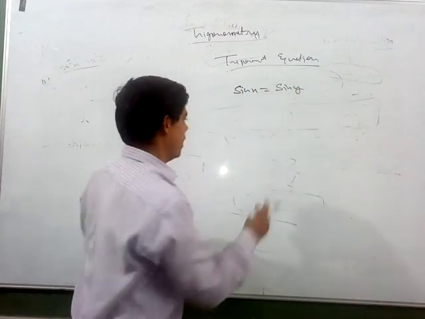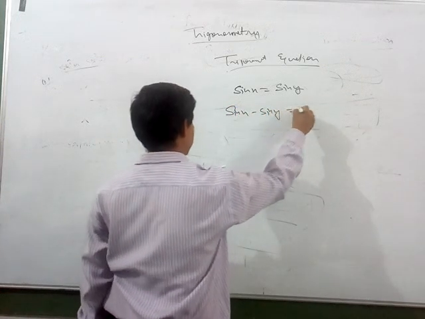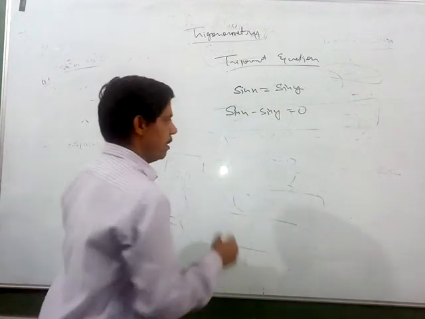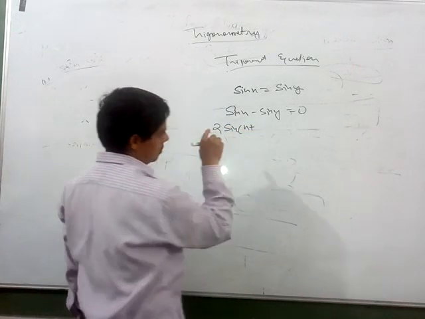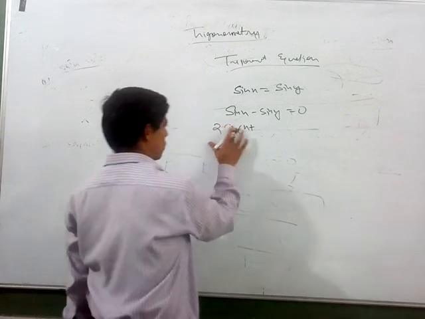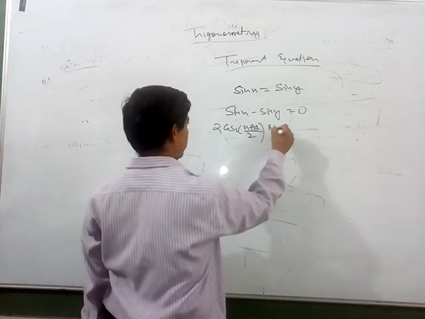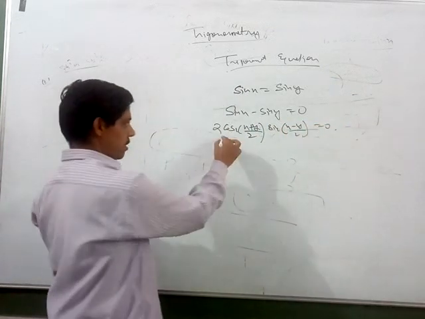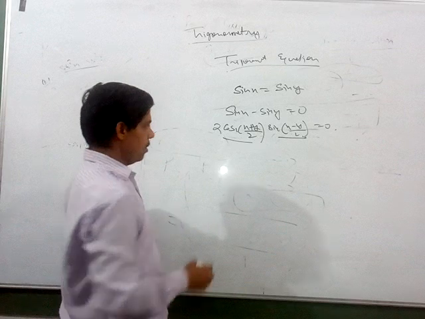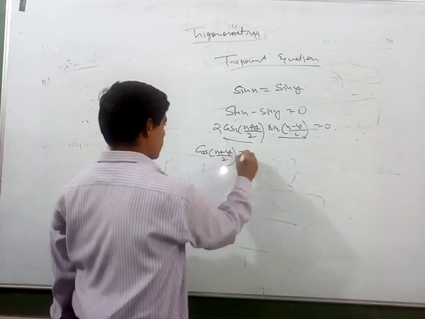Now I can bring it to this side. I will get sin x minus sin y is equal to 0. Sin C minus sin D is equal to 2 cos, starting with cos. The identity is 2 cos((x plus y)/2) sin((x minus y)/2) is equal to 0. So either this is equal to 0 or this is equal to 0. So first let us take cos((x plus y)/2) is equal to 0.